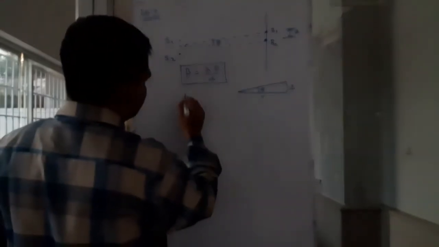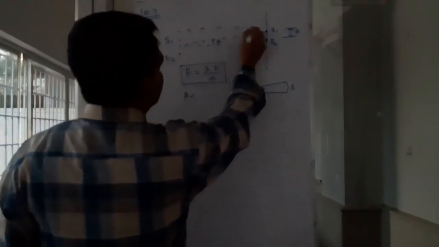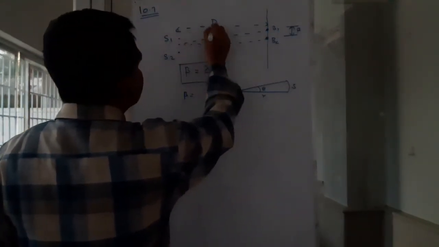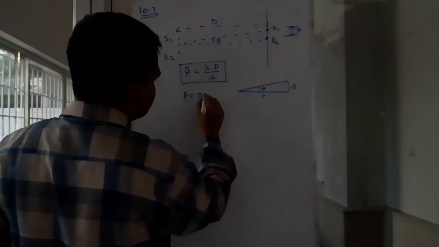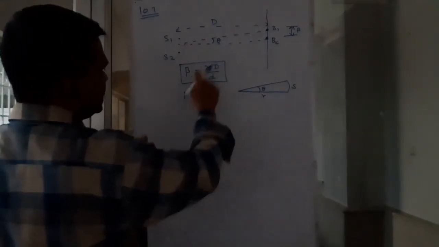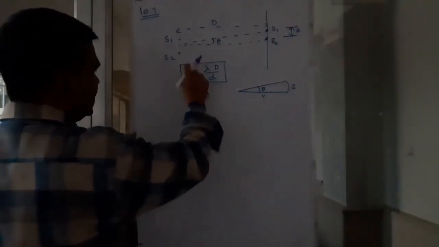Likewise, this beta is going to be equal to, what is r here? r is D. So D into theta. If you compare these two, D is here, D is here. So theta in radians must be equal to lambda by d.